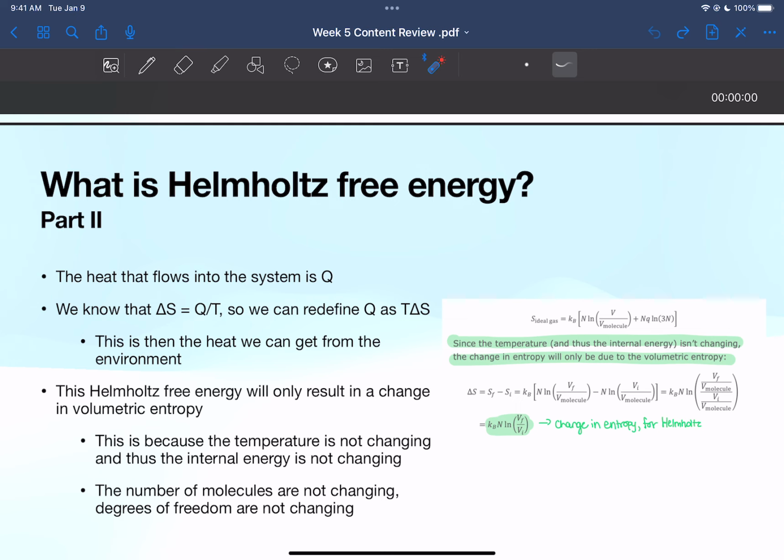So the reason why Helmholtz free energy involves only a change in volumetric entropy is that since the temperature is kept constant, you don't have more degrees of freedom to work with.